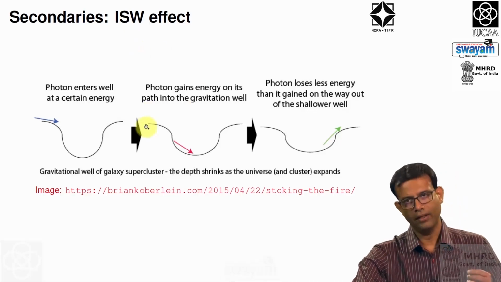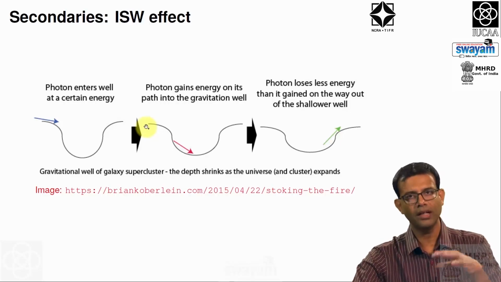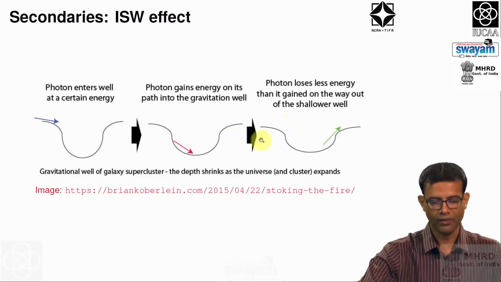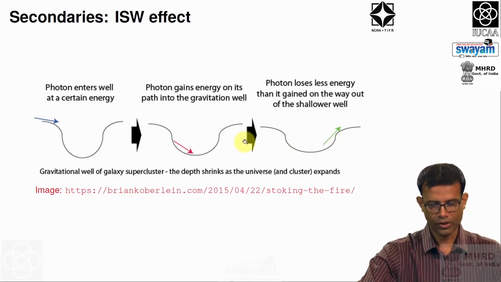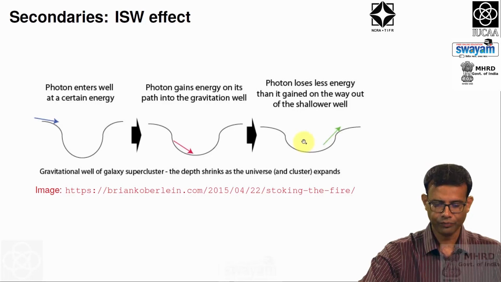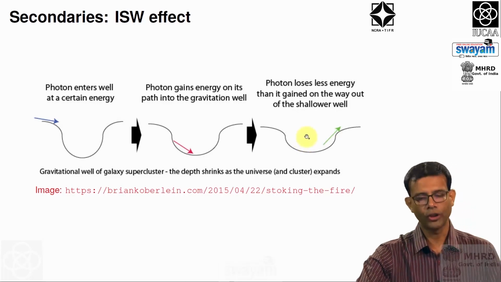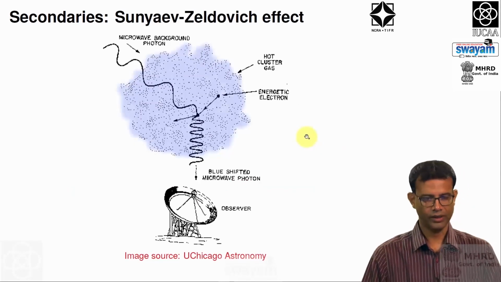And this would happen along the line of sight. As the photon is travelling, whenever it encounters a potential, it will suffer this because of the changing potentials, and that will show up in the CMB observations.